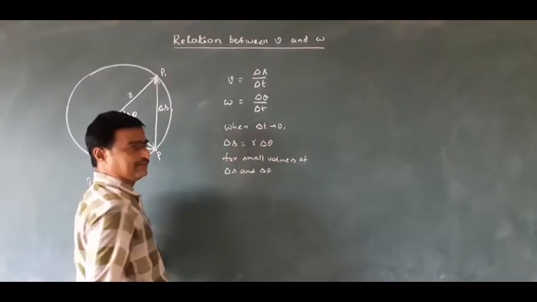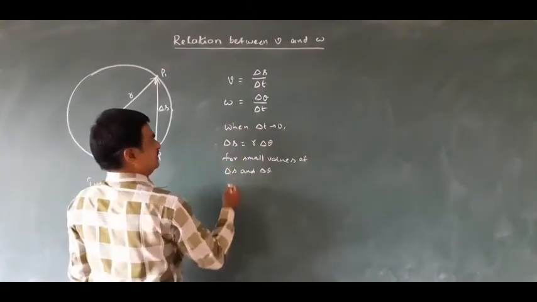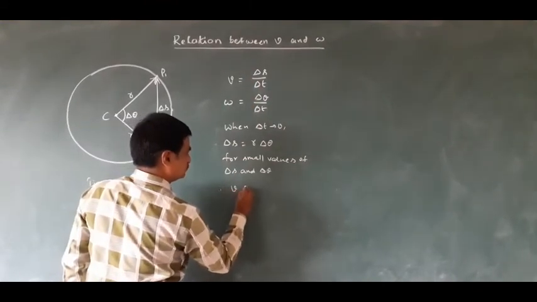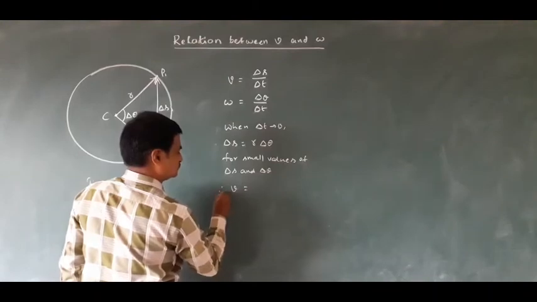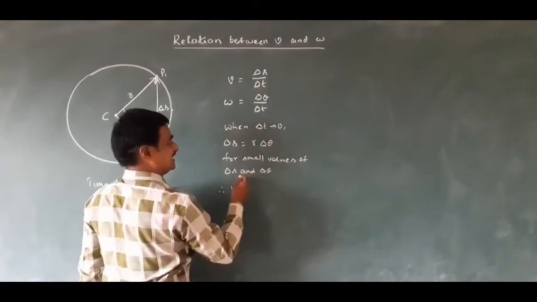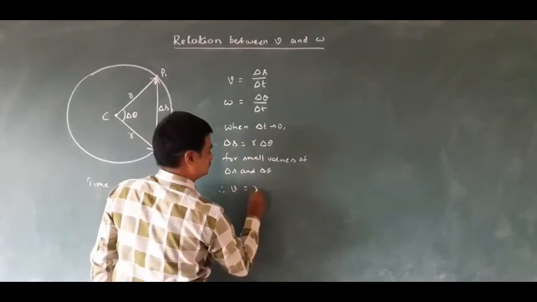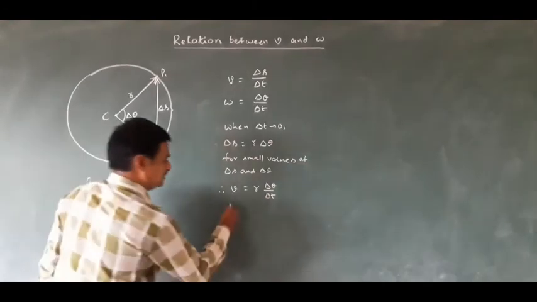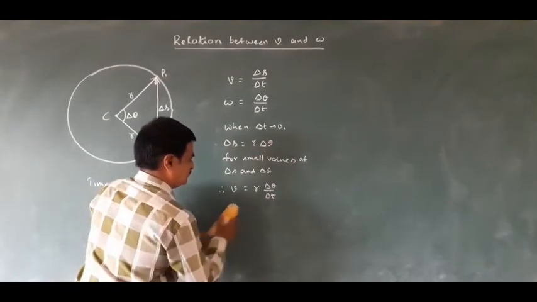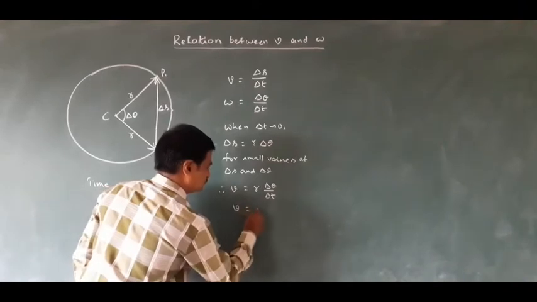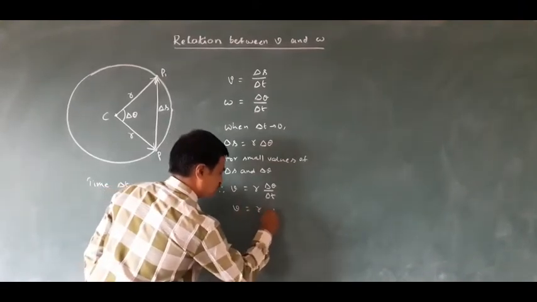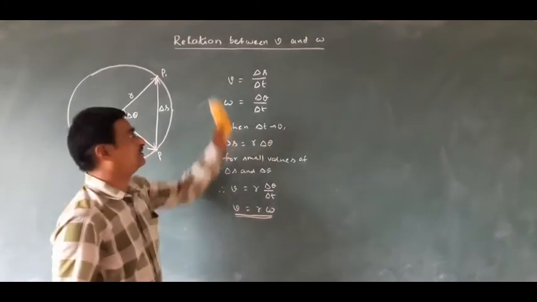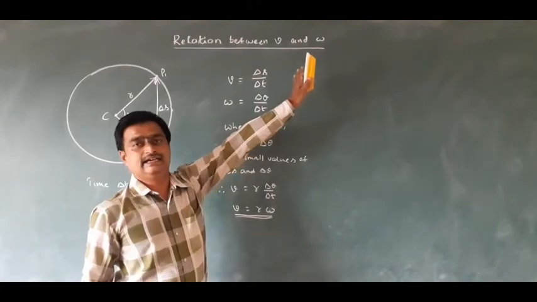Then, if we substitute this value in the equation, we can write v is equal to r delta theta by delta t. Then v is equal to r into omega. V is equal to r omega. This is the relation between linear velocity and angular velocity.